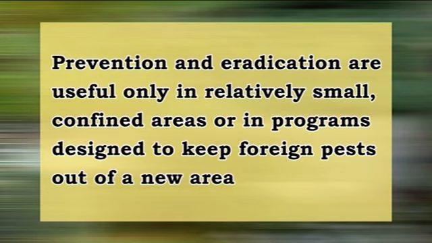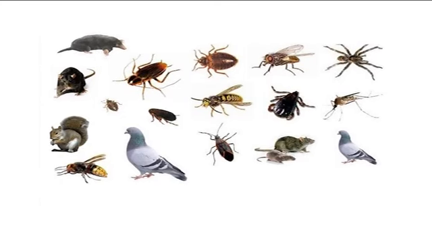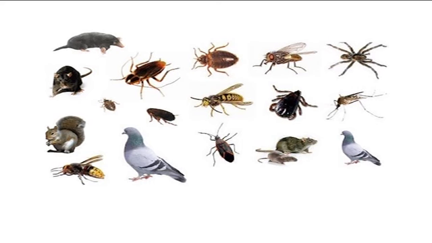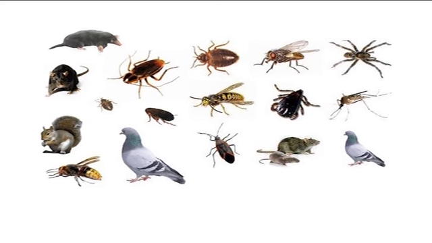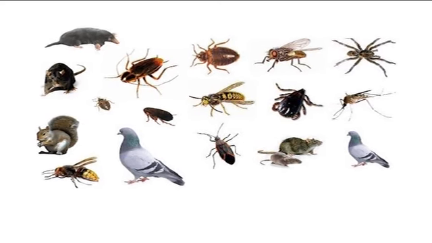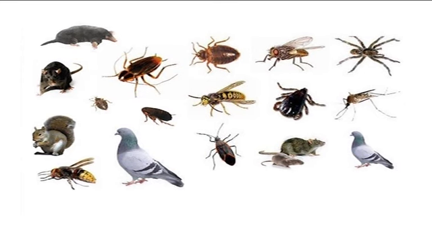Prevention and eradication are useful only in relatively small, confined areas or in programs designed to keep foreign pests out of a new area. To successfully control insects and insect-like pests, you need a thorough knowledge of their habitats, feeding habits, and life cycle stages.